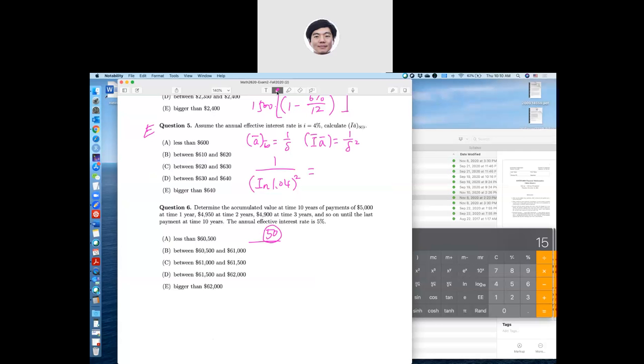So you need to figure out the number of years. So you start with N. N is 10. 10 times 50 is 500. $45. So this is year 1.